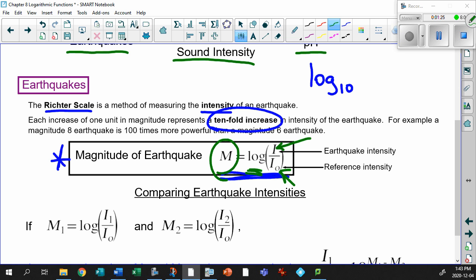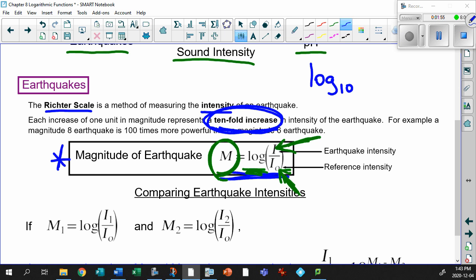What does this mean? How much are you shaking compared to a reference where you're not shaking at all? You take the log of this and you get magnitude 5, magnitude 7, magnitude 9, good God, I hope not. Each number you go up is a factor of 10.